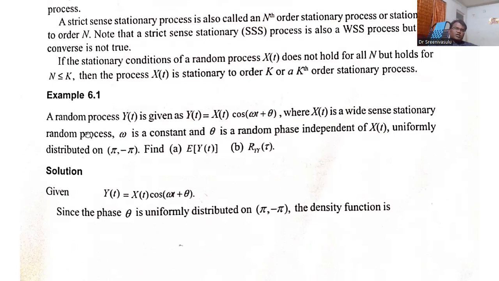If you observe this one, a random process y of t is given as y of t is equal to x of t into cos of omega t plus theta, where x of t is a wide sense stationary random process, omega is a constant, and theta is a random phase independent of x of t, uniformly distributed over minus pi to pi.